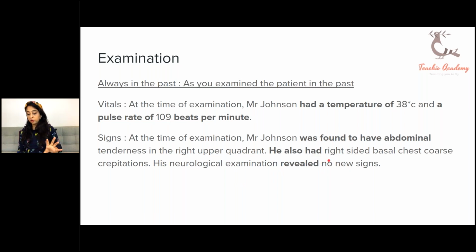But when you're talking about vitals, this cheat sheet might be a little better for you, especially if you struggle with a and the. Guys, if you just take a screenshot of this and you use this at the time of examination, had a temperature and a pulse rate, this is quite useful. But remember, guys, you will include only the examination points which are relevant to your audience.